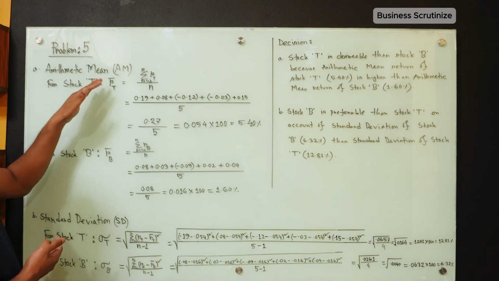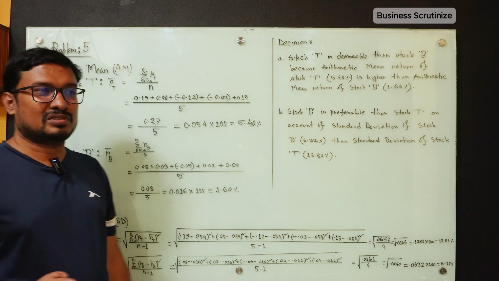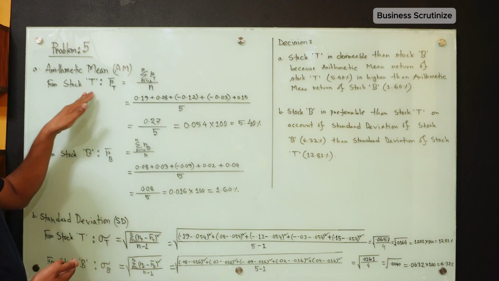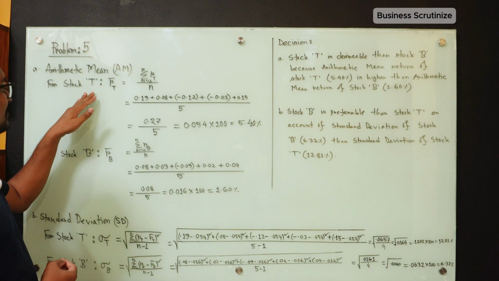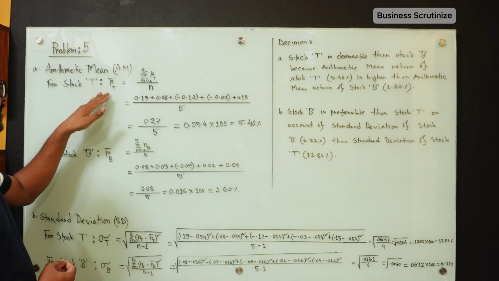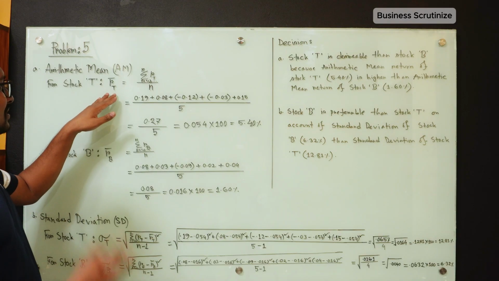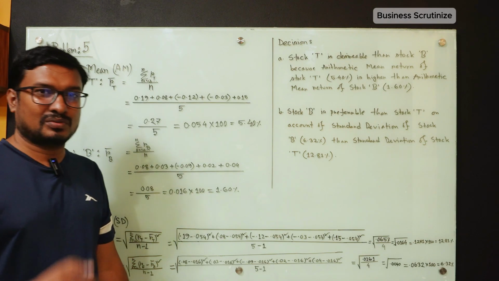mean. Arithmetic mean is also shortly called AM. And for the first stock, stock T, the arithmetic mean we write as R bar T, where R bar is the symbolic form of arithmetic mean.